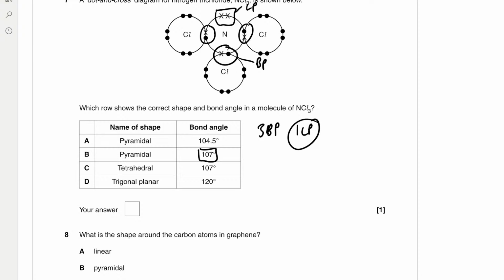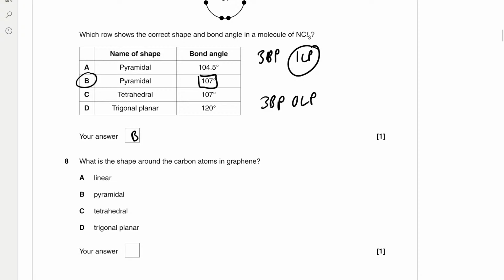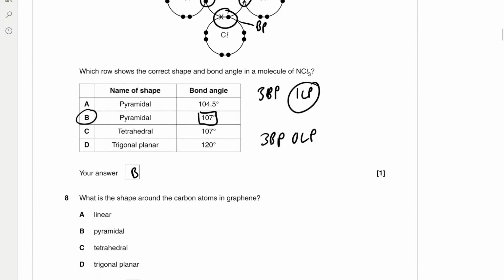So if we had 3 bonded pairs and 0 lone pairs, it would be trigonal planar 120 degrees. But instead it's answer B, pyramidal 107 degrees. Really important to nail down those key concepts ahead of A-level exams.